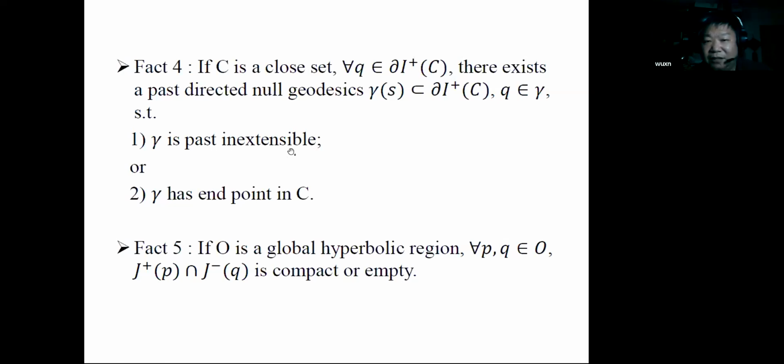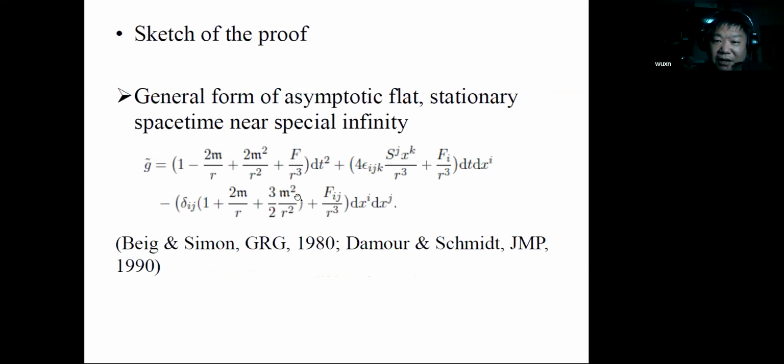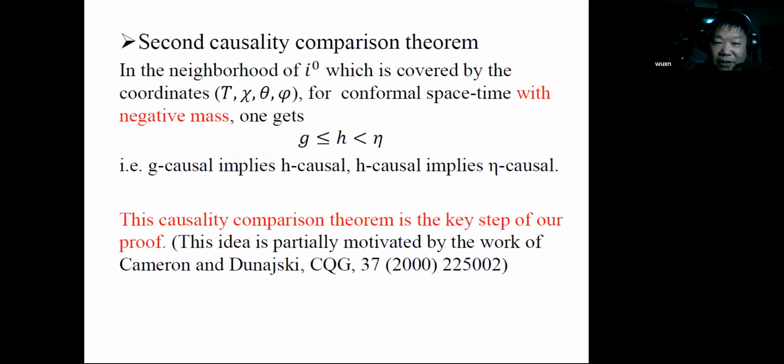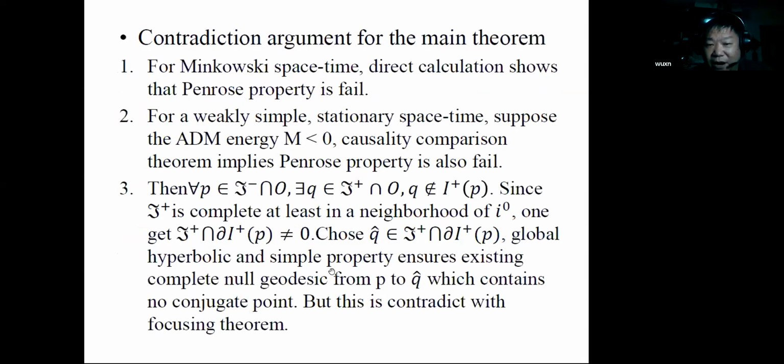So the first one is impossible, and the second one is the one that is possible. That is the reason why you can always find such a null geodesic from here.